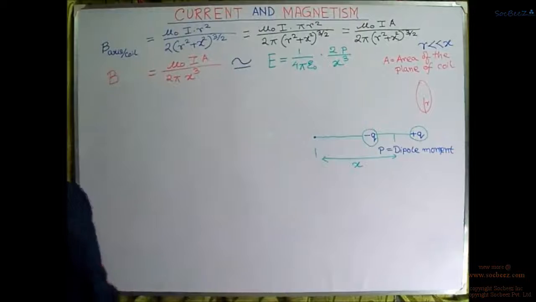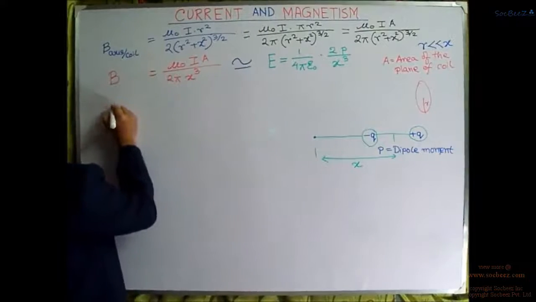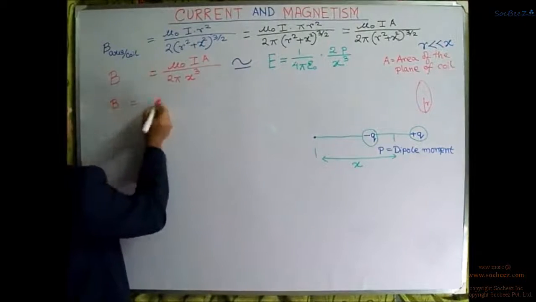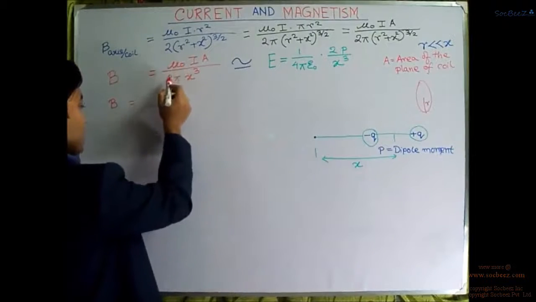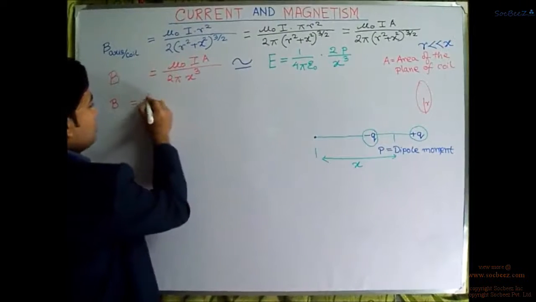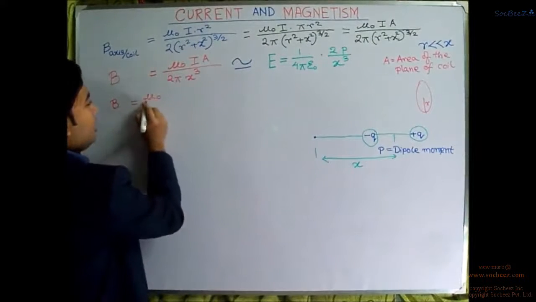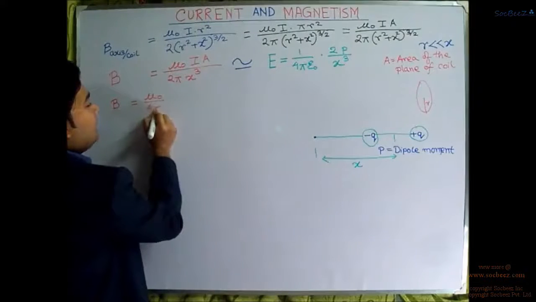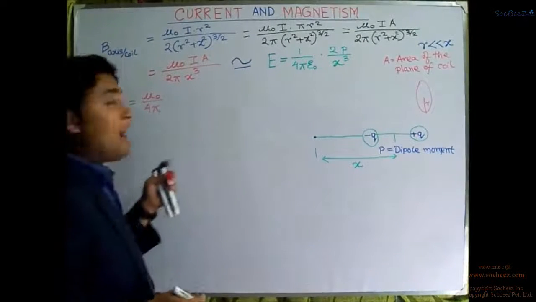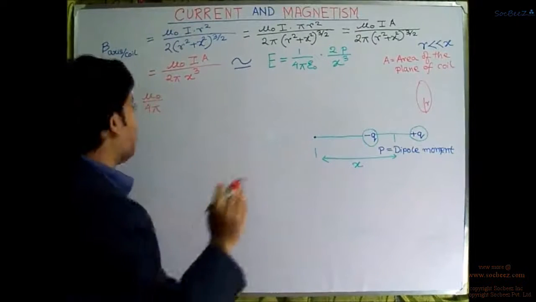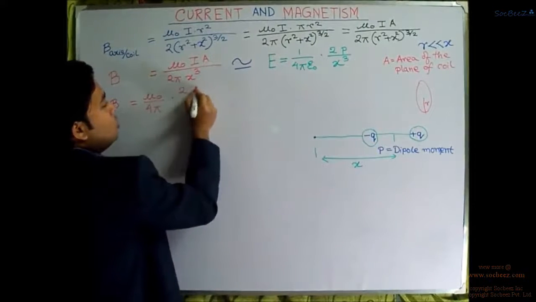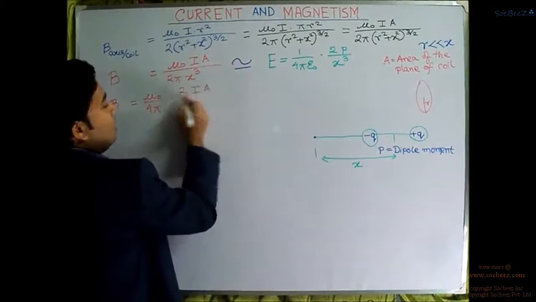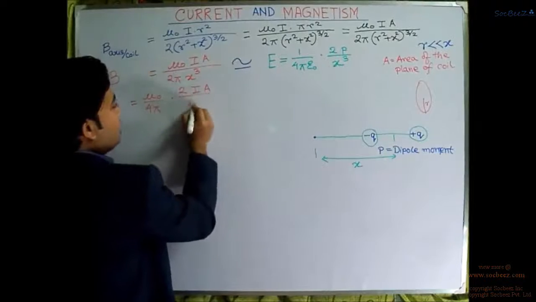Now, equating this, we can write that B is equal to this one. We can take it as mu naught divided by 2 pi, or now we can say mu naught divided by 4 pi. We have multiplied by 2 on the denominator side, so we need to multiply by 2 on the numerator side as well: 2IA divided by x cubed.